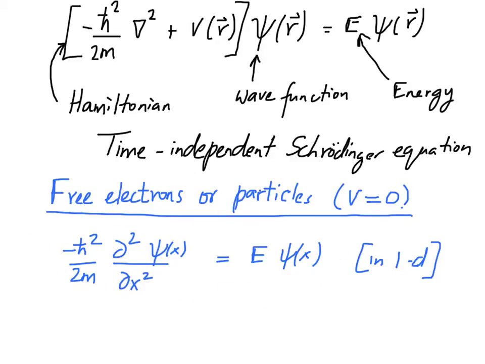Now, as before, we suggest a solution for our wave function psi of x. Right? We suggest that our wave function psi of x equals e to the ikx, and we substitute e to the ikx into both sides of our one-dimensional Schrodinger's equation for free particles. And let's see what happens.